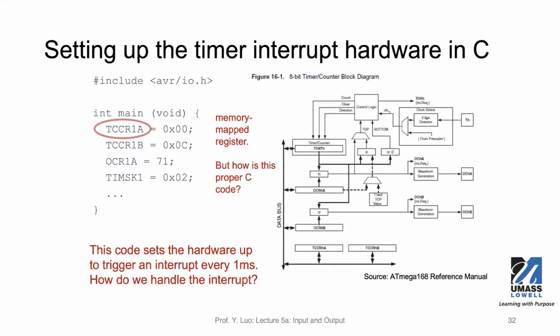In the main function, we assign these values to these 4 registers, and we explain what these registers are. But really, when you use TCCR1A or TCCR1B and other registers, the reason you can use them is because these registers are defined in this avr/io.h.